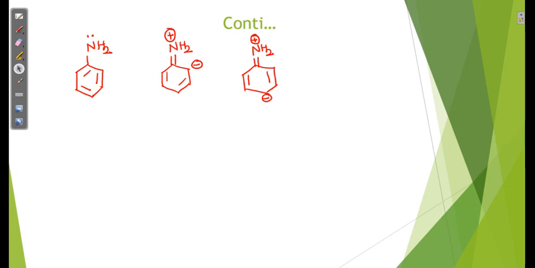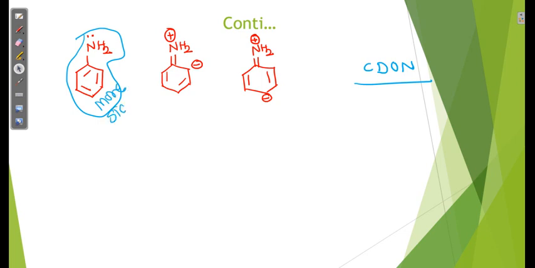It's very simple. According to CDON, charge: oh, it has no charge. So this is more stable. Among these two structures, according to double bond, both contain 3 double bonds.